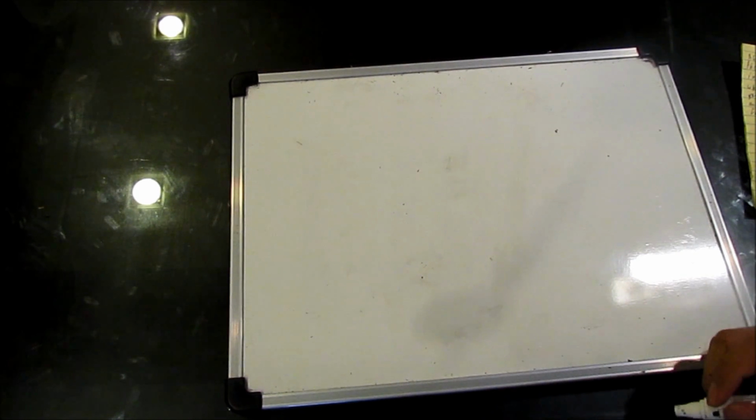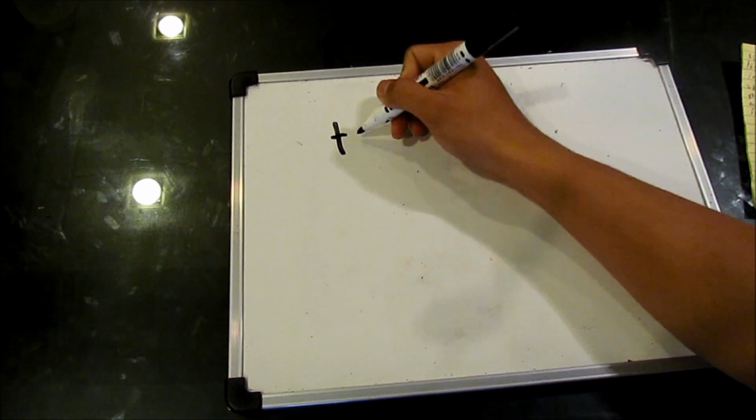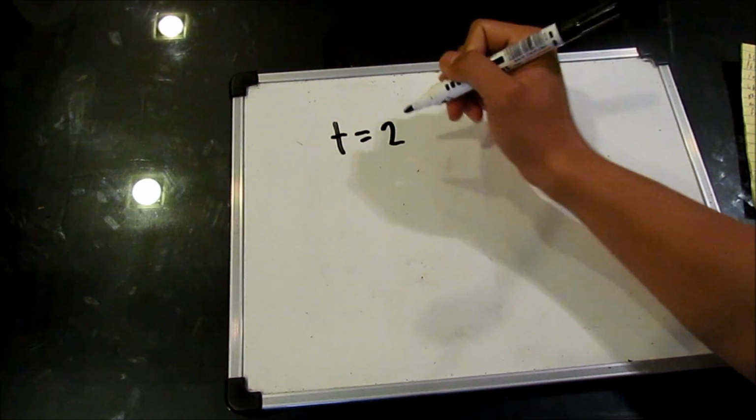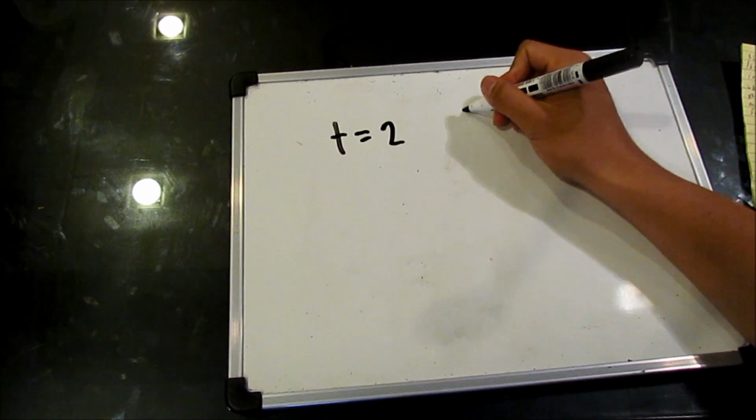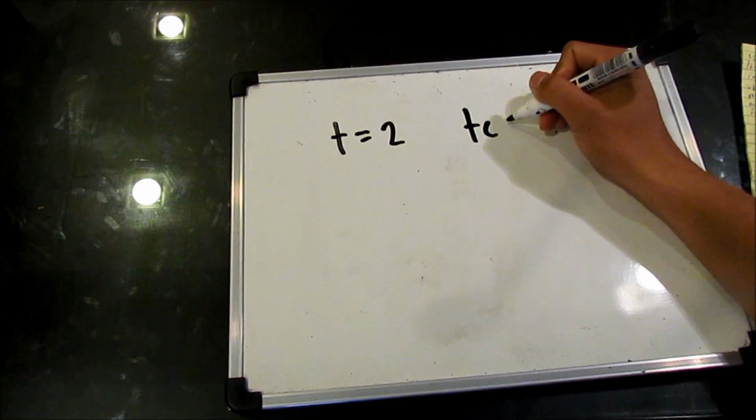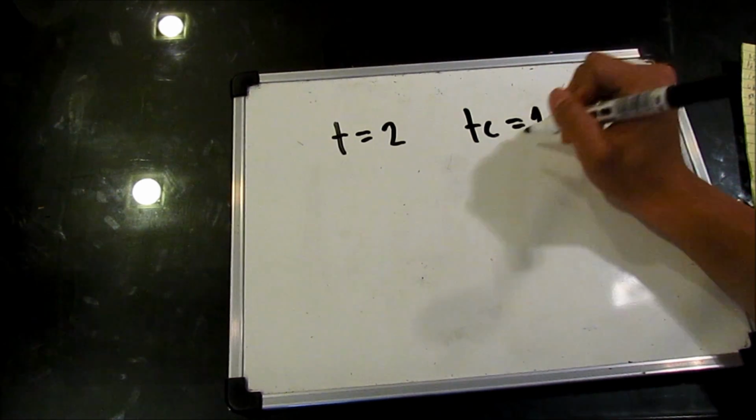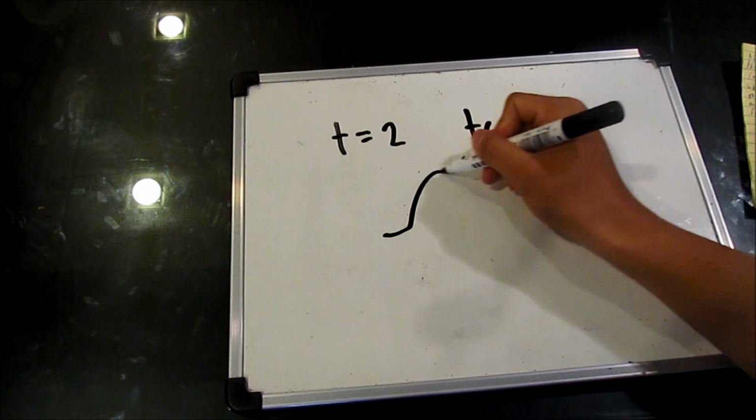In the last step, we will now be making a decision. The decision will be based on the decision rule of the distribution curve and the value of the T and the Tc. For example, the value of T is equal to 2 and the value of Tc is equal to 1, and we have a left tail.